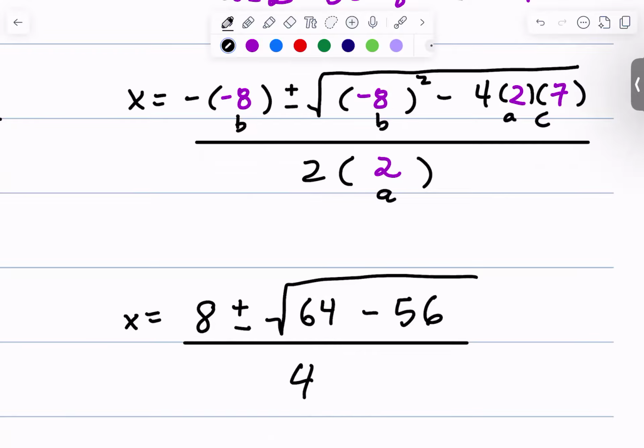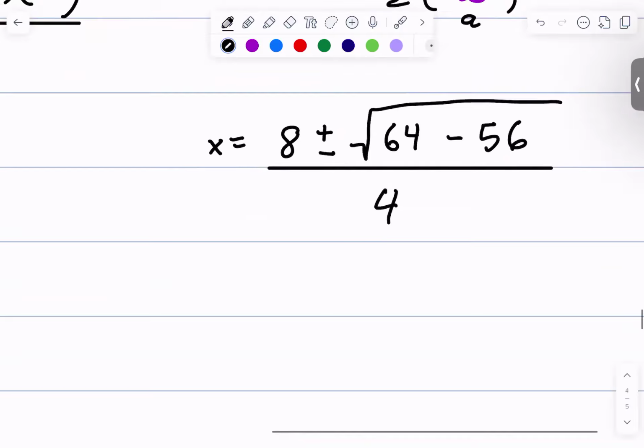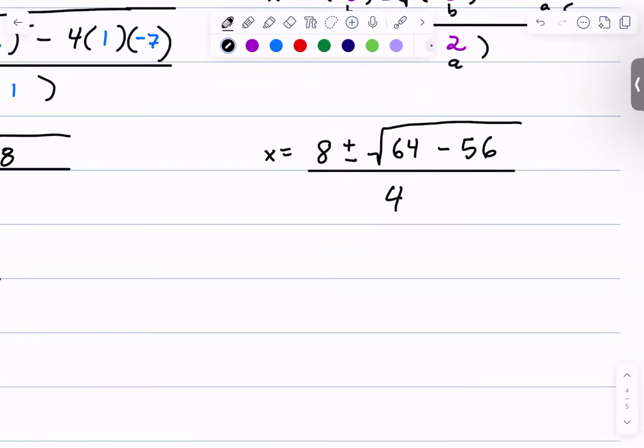So up to this point, it's going well. Pretty simple. So we have x equals 8 plus or minus the square root of 8 divided by 4. Okay? Pretty smooth up to here, correct? Yeah, we're good up to here.